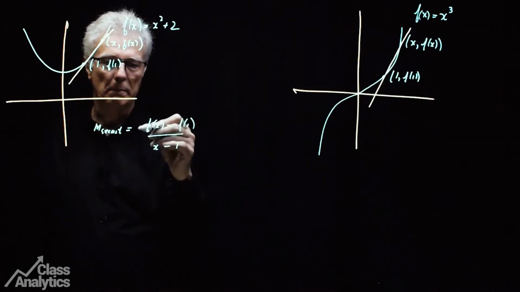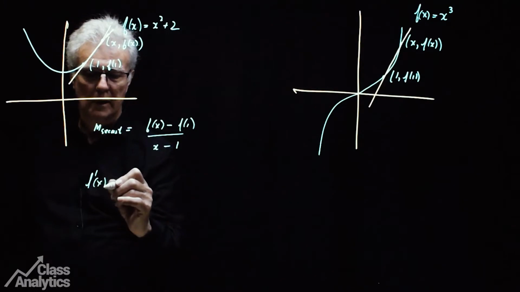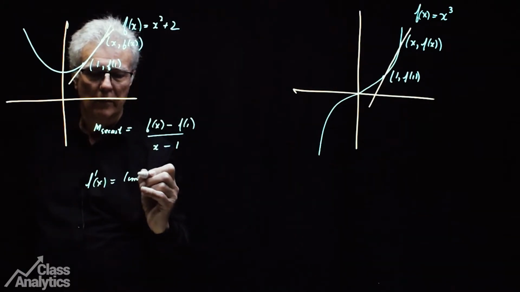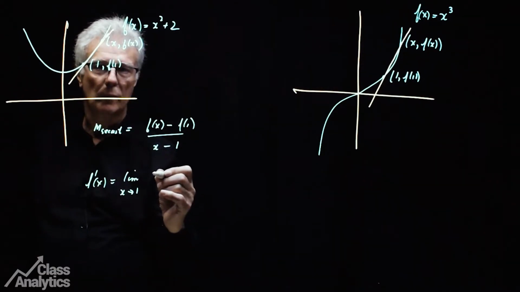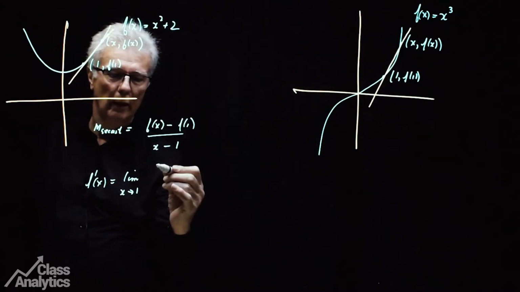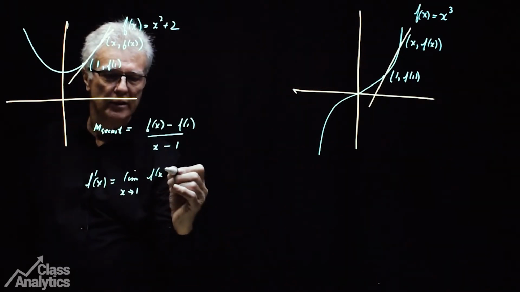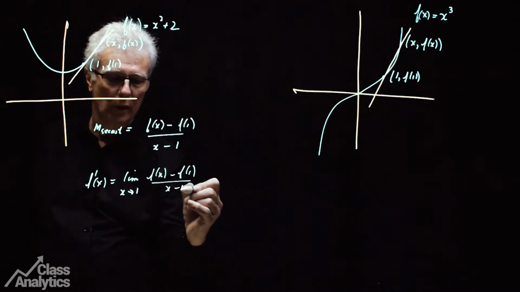So a bit different, isn't it? So the gradient of the tangent will be the limit as x goes towards 1 of function x minus function 1 all over x minus 1.